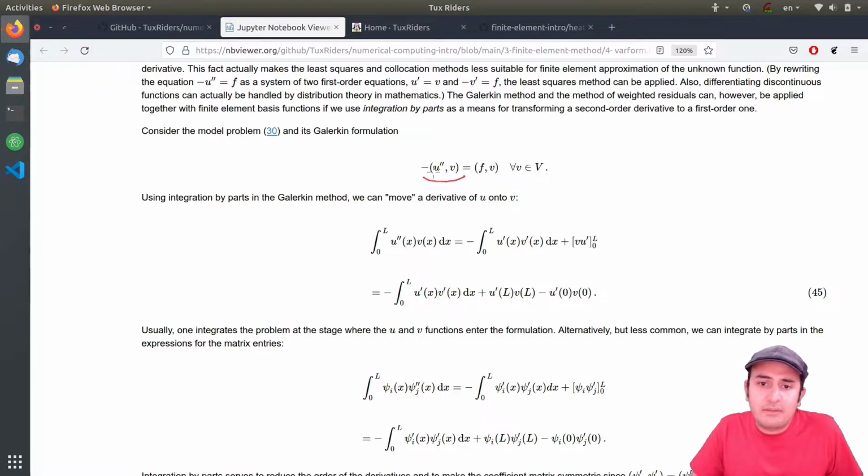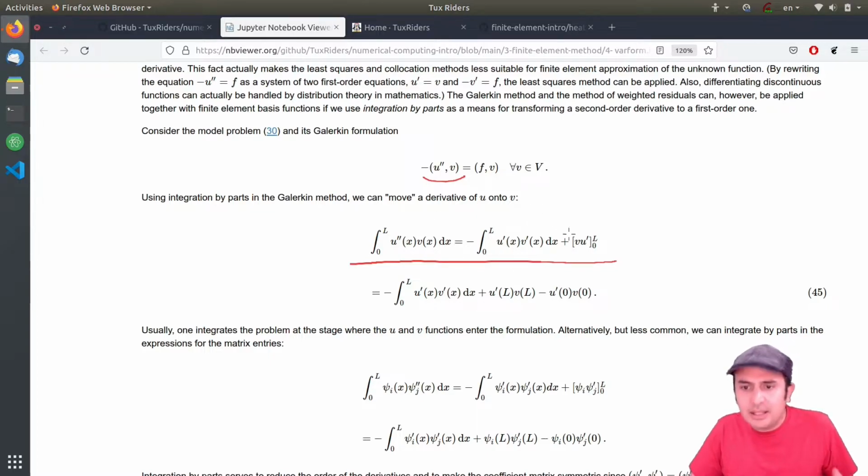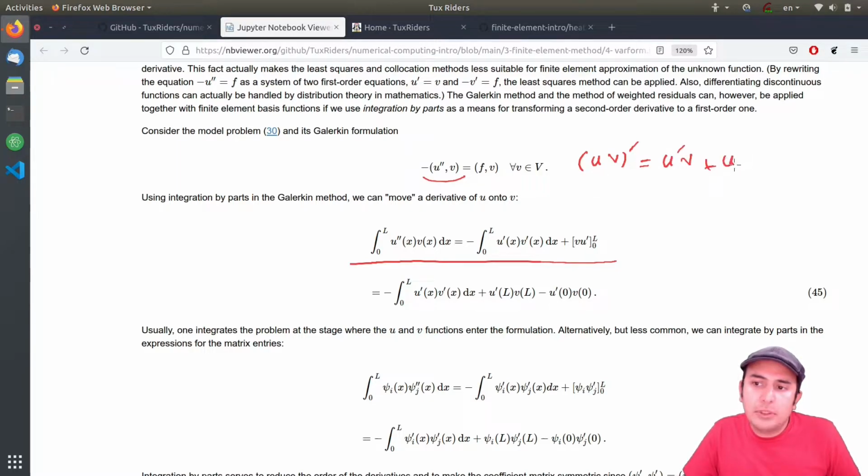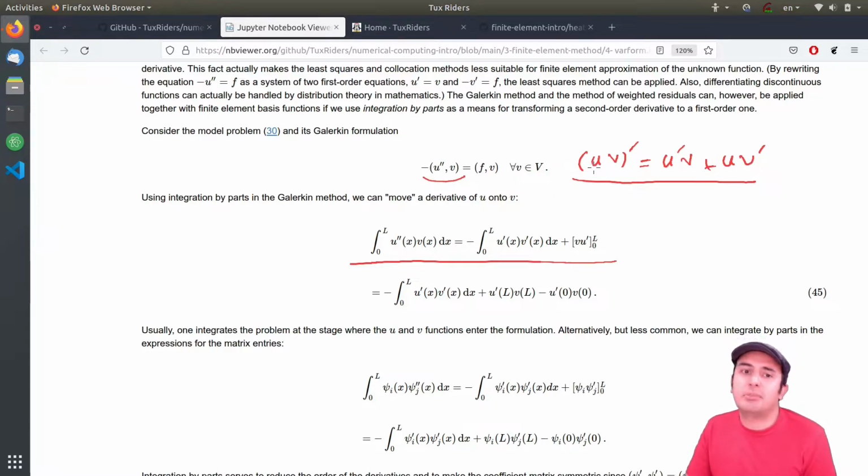So it has a second derivative multiplied by v, that's the inner product. It's maybe easy to understand, but if it is a little bit complicated for you, you can imagine the product rule is something like this: the derivative of uv equals u prime v plus u v prime. This is the derivative of a multiplication. Then this is not the chain rule, sorry.